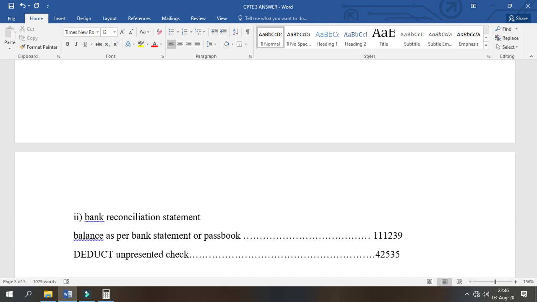Then add the uncredited cheque. Uncredited cheque is 20,820.